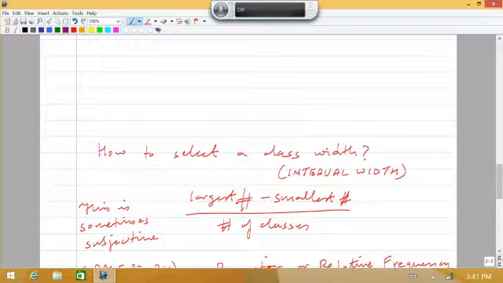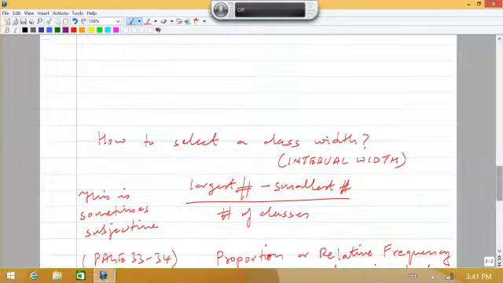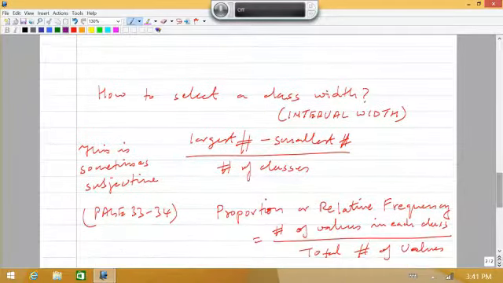The way it is constructed is, for constructing a class width, we take the largest value, we subtract the smallest value, and divide by the number of classes. And the conventional range is between 5 and 15, but again it depends on the data set. It can go higher or it can go lower, but the convention is typically between 5 and 15.